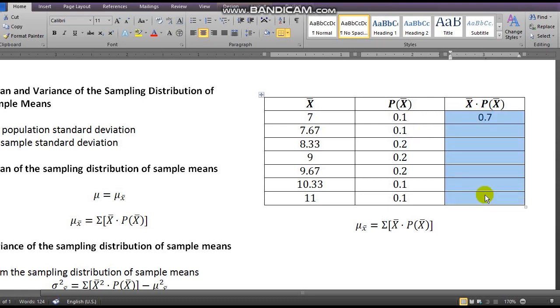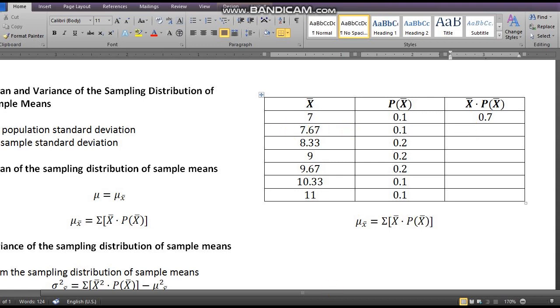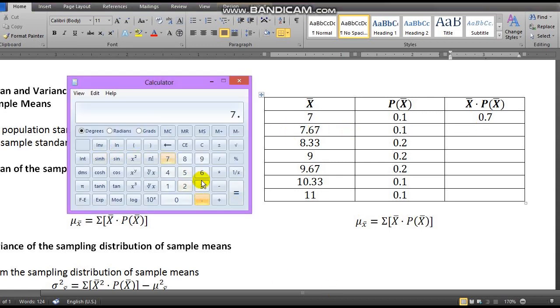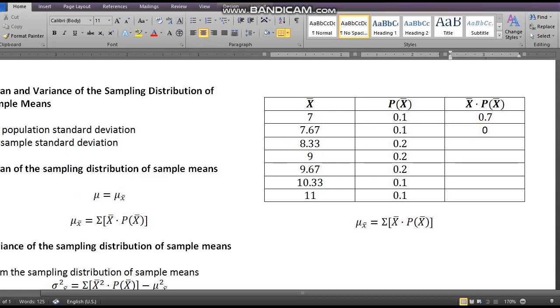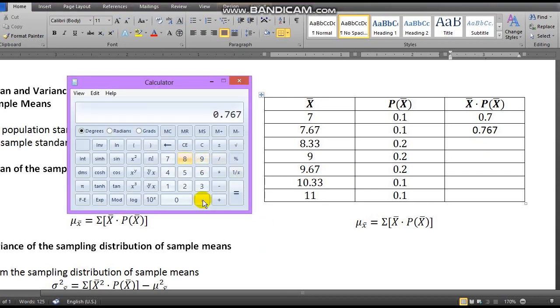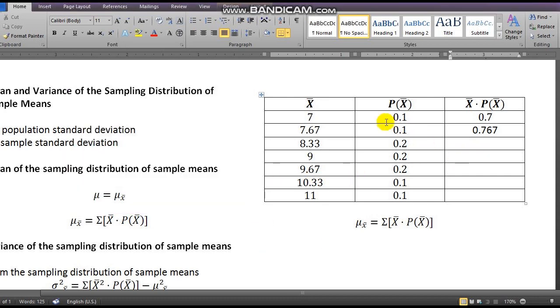Wait for a while. Let's convert this into an equation. 7.67 times 0.1 would be 0.767. Let's not round off anything, okay? In this scenario, if it's infinite, or even the sample means, let's just stick to 2 decimal places if there's a very lengthy number.